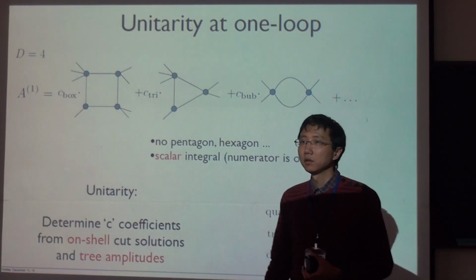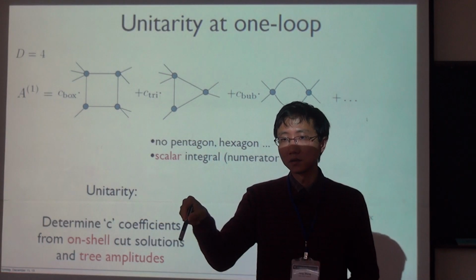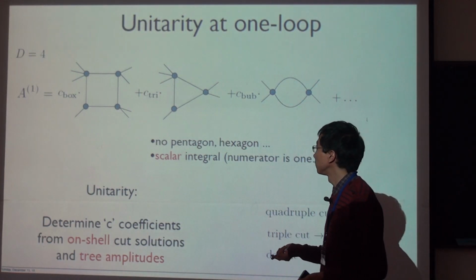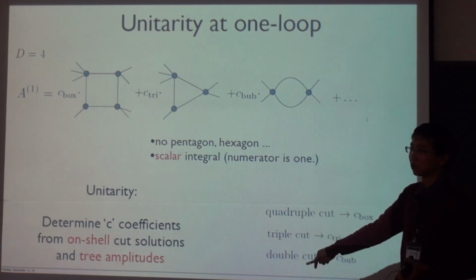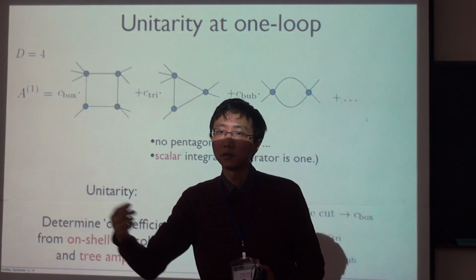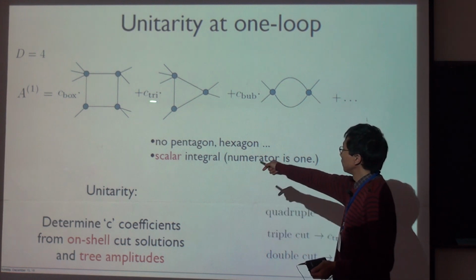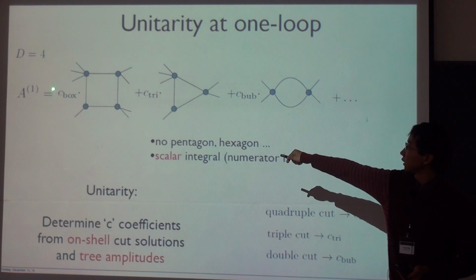Also, if you start from the Feynman rules, then of course, if you're doing gauge theory, the numerator must be a huge tensor. But at one loop there's an advantage from the unitarity method: you can reduce all these integrals to scalar integrals. Scalar means the numerator is just 1, so it's quite easy to calculate. In the one loop scheme, unitarity tries to determine these coefficients.